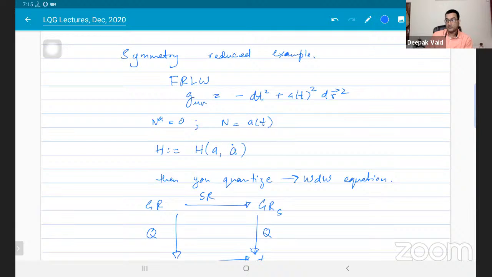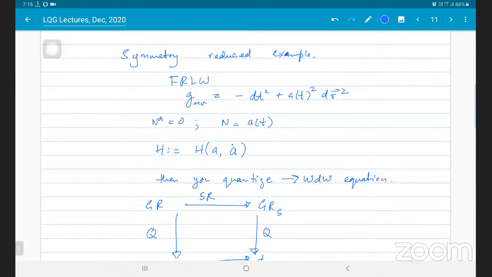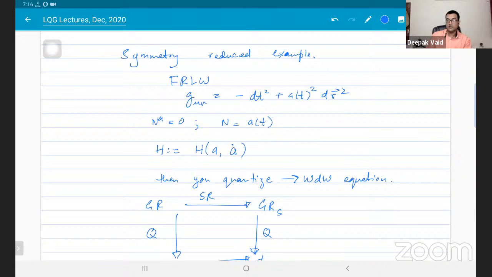So, for instance, you could ask how the Wheeler-DeWitt quantization of Rindler spacetime would match up with the quantum field theory description on Rindler spacetime in terms of Bogoliubov modes, according to which you see a thermal spectrum.